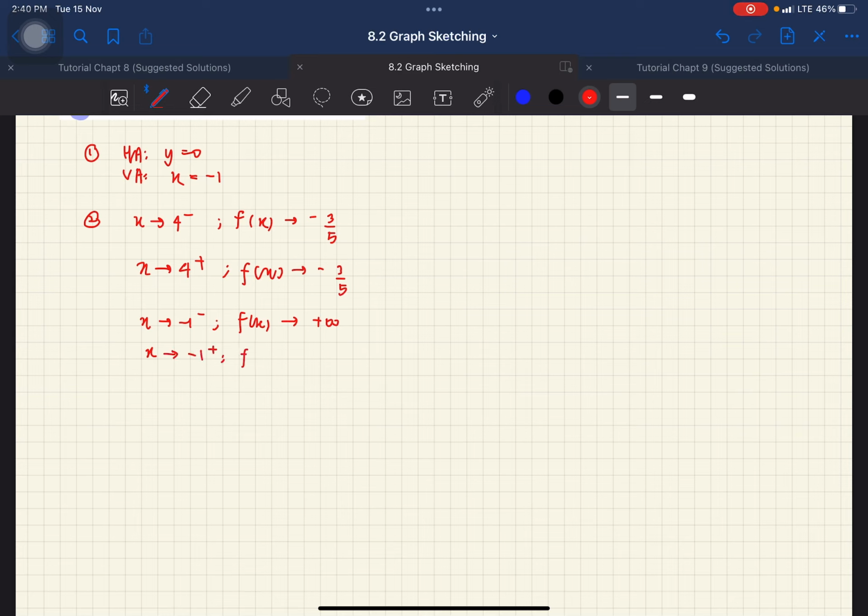I will get fx approaching to negative infinity. Okay, lepas tu saya cari x approaching negative infinity and also x approaching positive infinity. Okay, so both values of y are approaching 0.